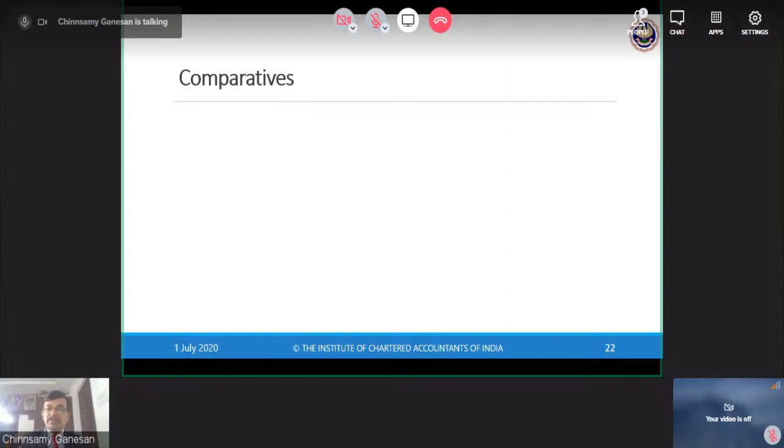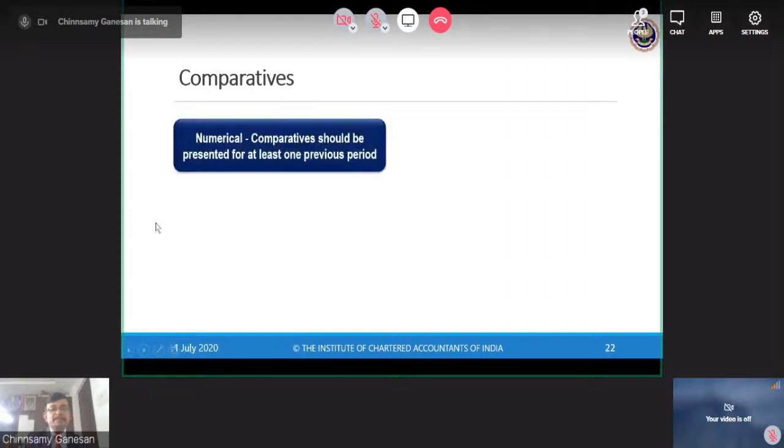Comparatives are not new to us. Even under our normal presentation, without Ind AS being part of that, we used to give 1 year comparative. Accordingly, you are familiar with what comparatives mean. Interestingly, in a financial statement there could be numerical information which you have given, and there could be narrative information which you may be giving.